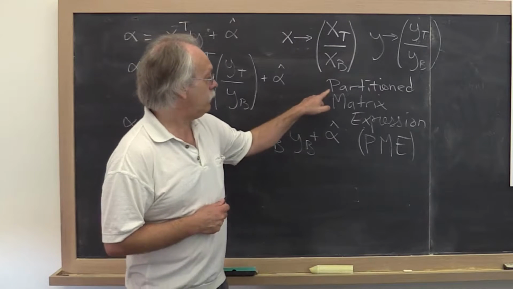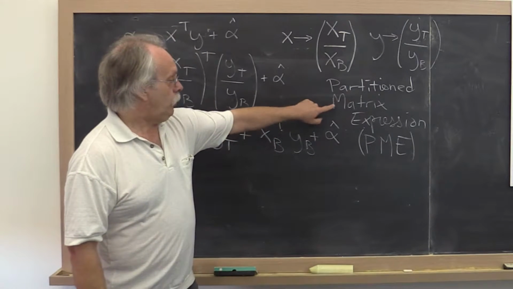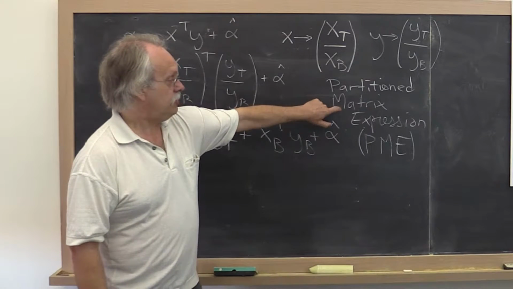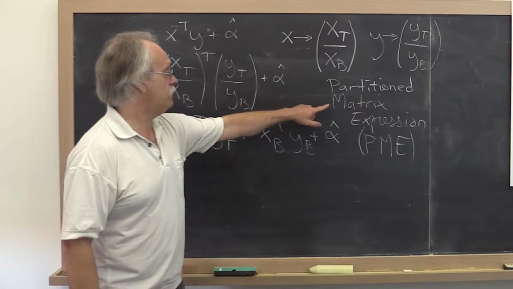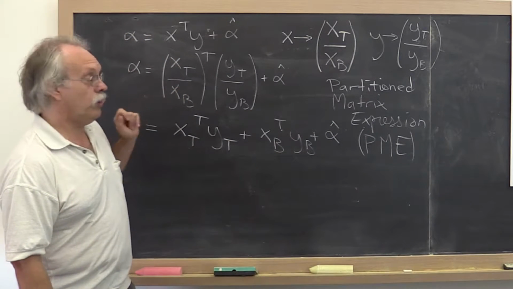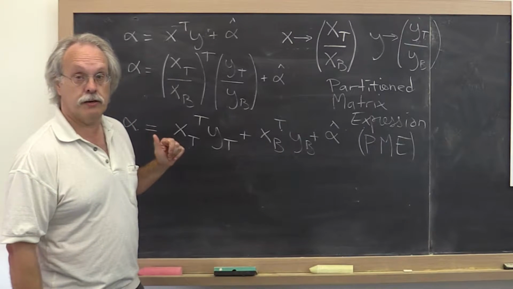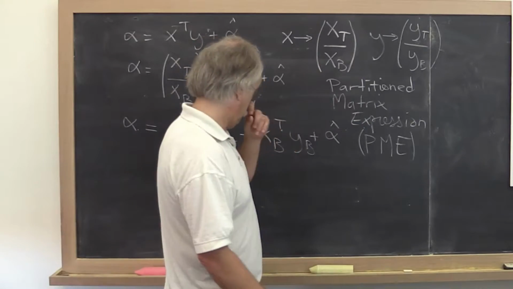So one quick comment about the partitioned matrix expression. Notice that we say matrix expression, and that's because this came out of our research on matrix computations. And notice that often we will just view a vector as a special case of a matrix. So here, we take matrix in a very broad sense.